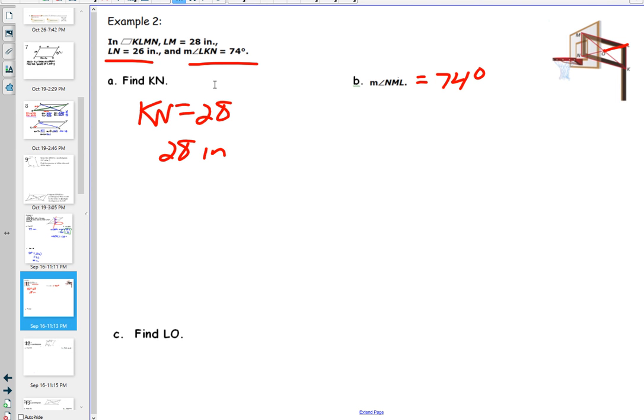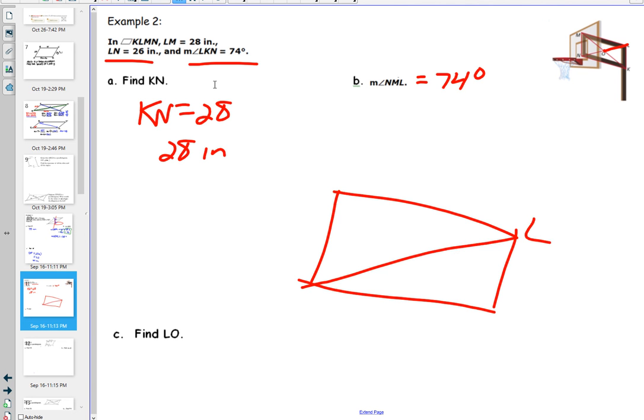No, see, because that. Here, I'll make it big for you. Pretend this is the parallelogram here. This is L, this is N, and this is O here in the middle. They only want me to find this little piece, and they're telling me that the entire diagonal LN is 26.